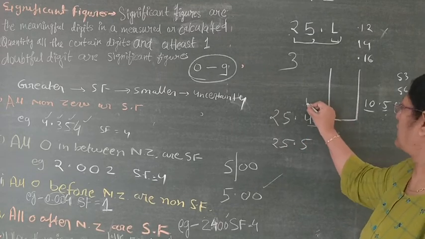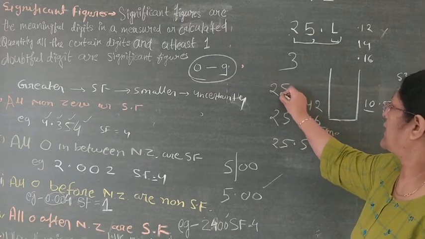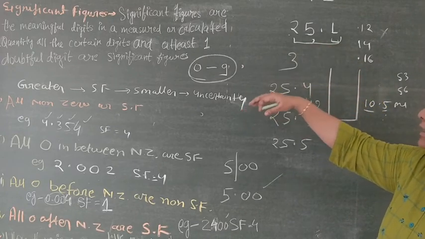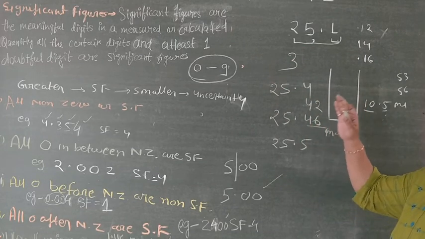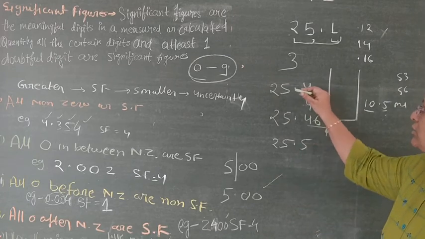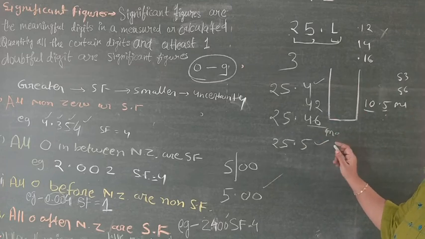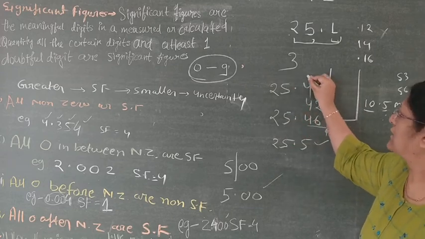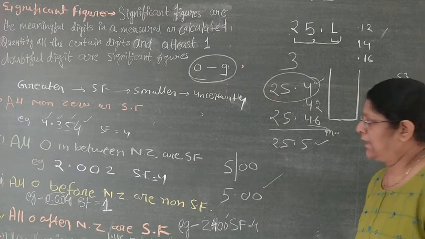But if it had been 42, in that condition I would write 25.4 only. So from 1 to 4 we use the earlier digit, and from 5 to 9 we use the next digit. So 25.4 and 25.5. One digit we deducted from the significant figures, and now the significant figures are 3. Earlier it was 4.